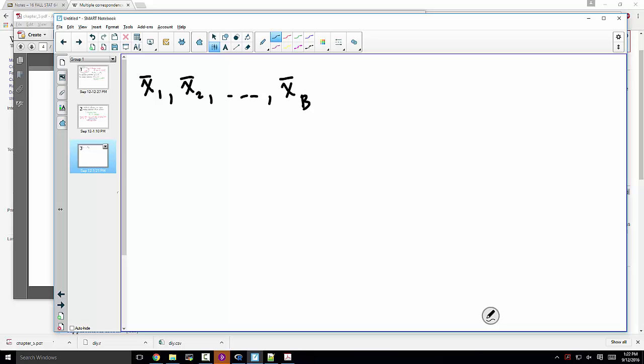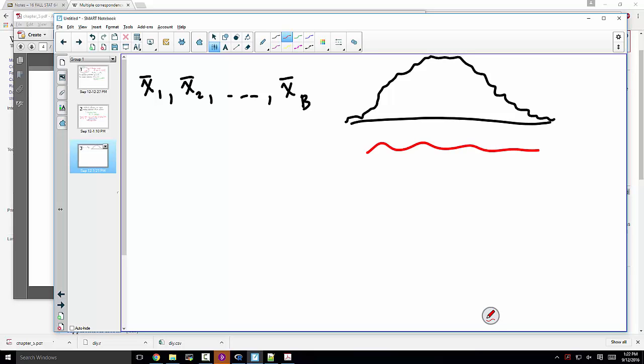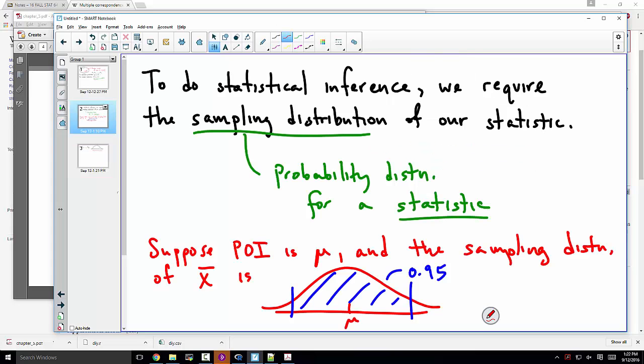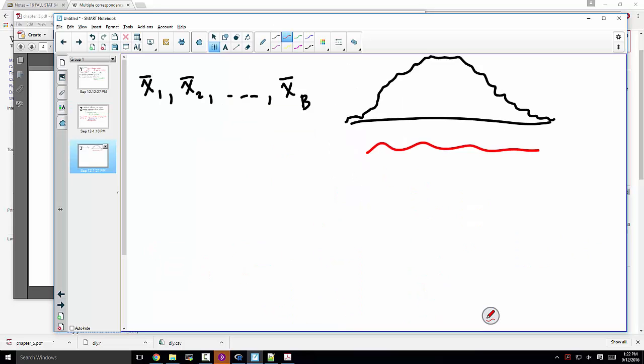If you drew a histogram of these simulated X bars, you'd have a rougher looking but still appropriate picture of a distribution. And it turns out that you can use this simulated distribution just like you would have used this one, and still be able to do valid statistical inference. So what we're going to learn this week is how to simulate one of these sampling distributions.